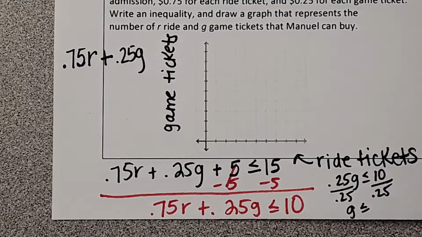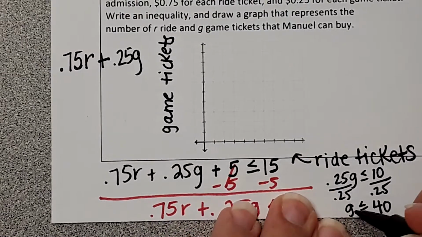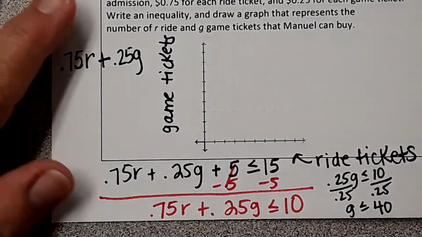How many game tickets? 40. So we can have 40 game tickets. That's what G means. G means game tickets.